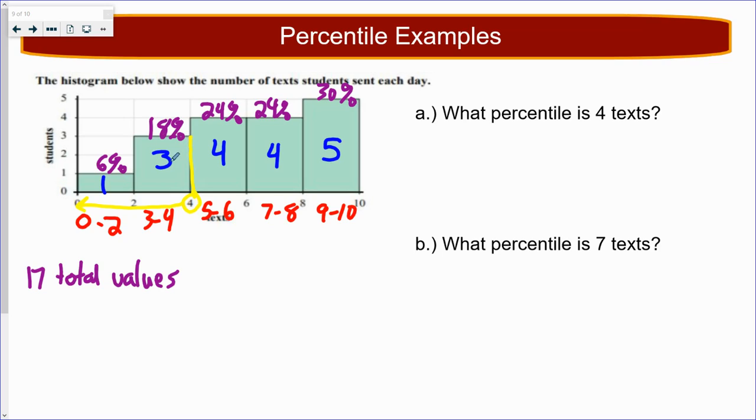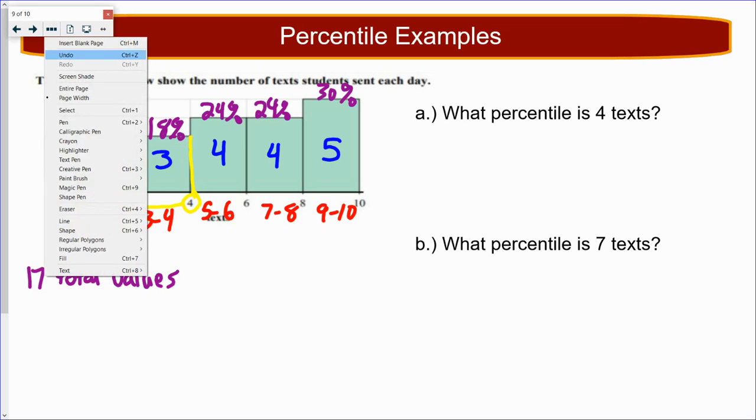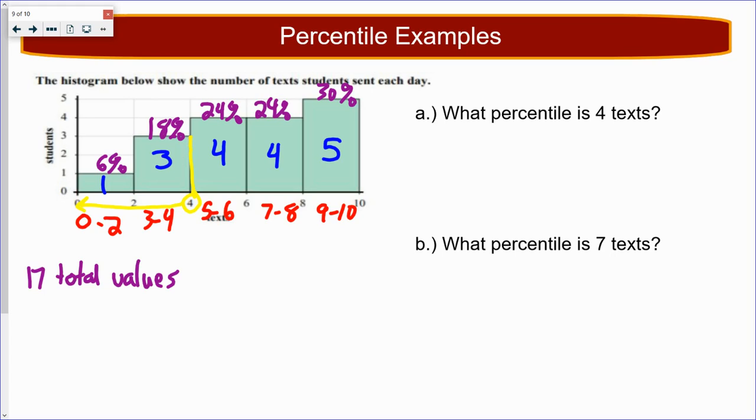We don't know what numbers are actually in this frequency. In this bar here, all of these could be 2 or they could all be 4. We don't know. But we do know that they are not bigger than 4. So it would be 4 out of the 17 total values.